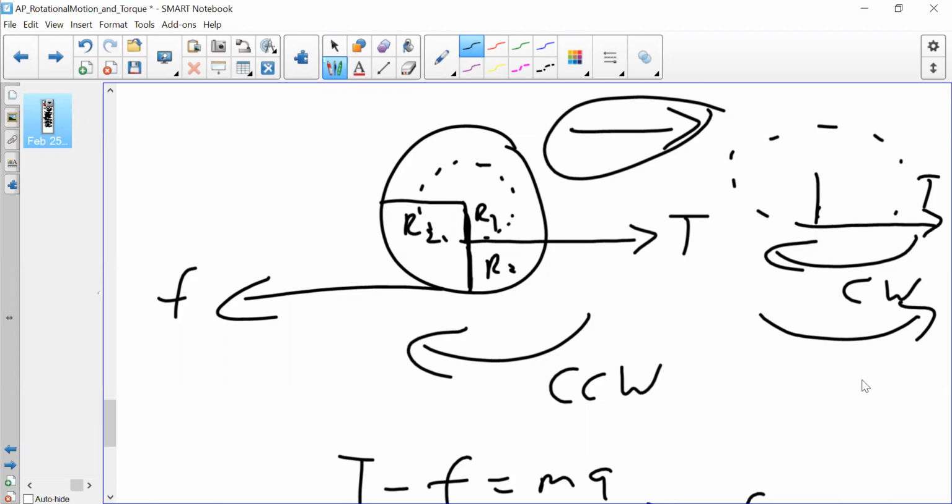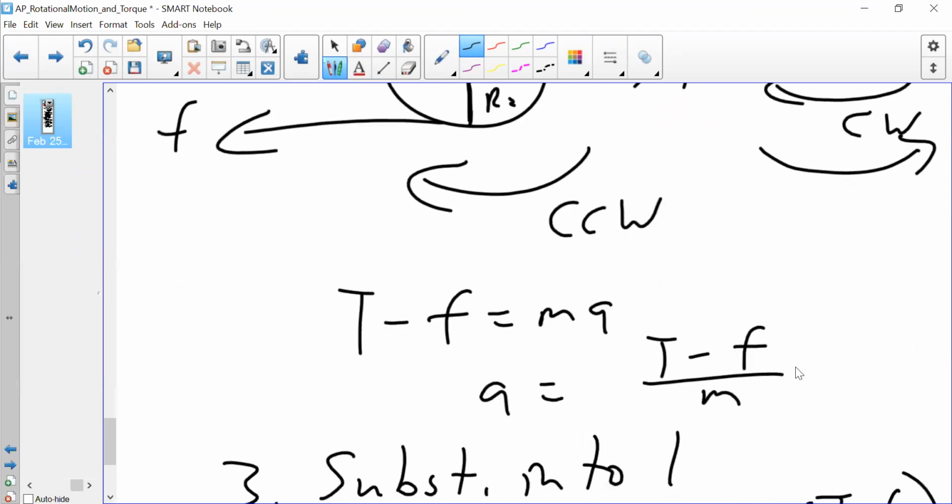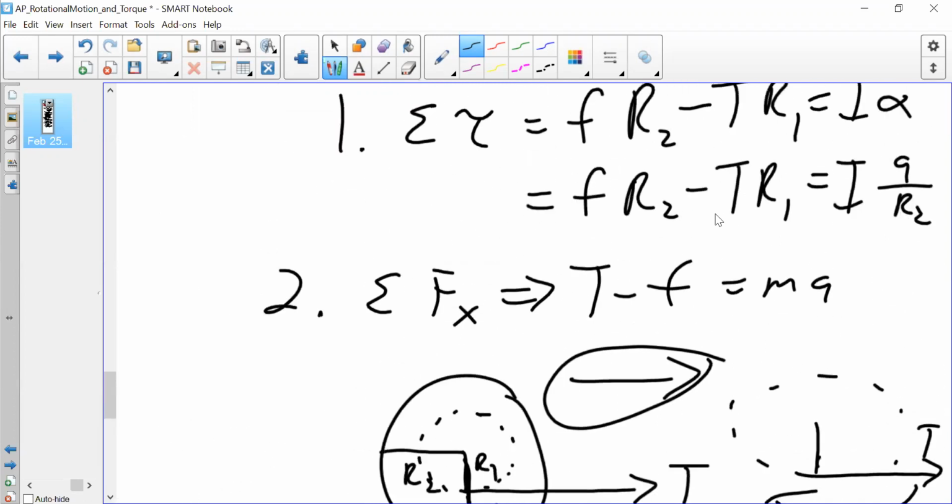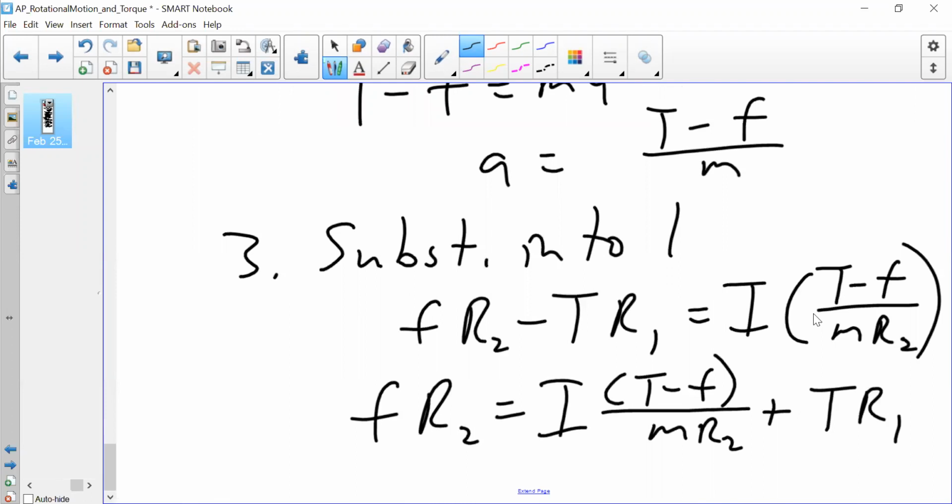That's essentially why the tension provides this clockwise torque. I know it's a bit tough to see, but that's pretty much the reason why. The torque provided by tension is clockwise, and that's why it's negative. But anyway, once we get this expression, it's all a matter of algebra to solve it out.